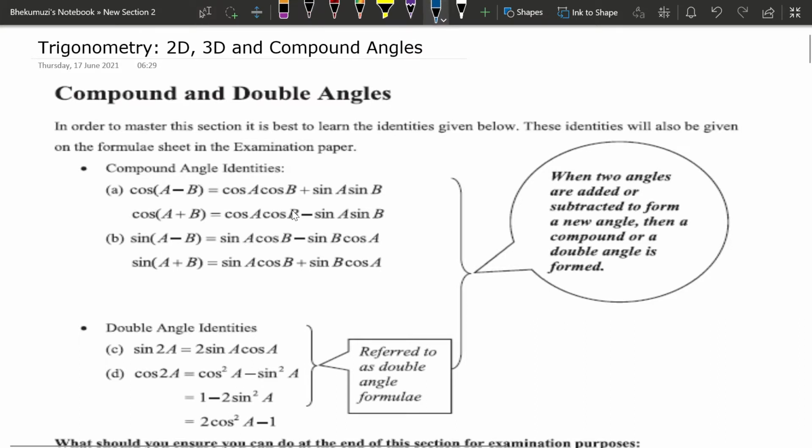And in this case, the compound angle identity is cos(A − B) = cos A cos B + sin A sin B. Now, how I used to think of these compound angles for cos is that the only thing that changes is the sign.